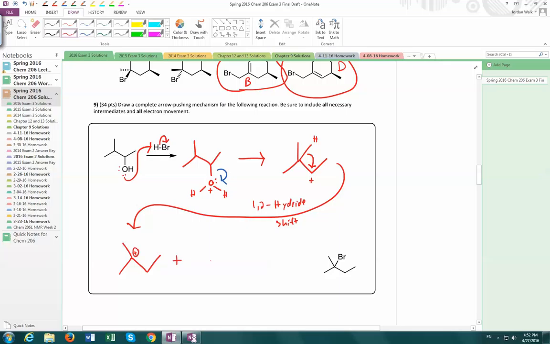And so from there, we've got a bromine that was left over, so it can add right back in to lead us to the product. So basically, you protonate your alcohol, you make it a good leaving group, you get a cation, you do a shift, and you're right to your product.